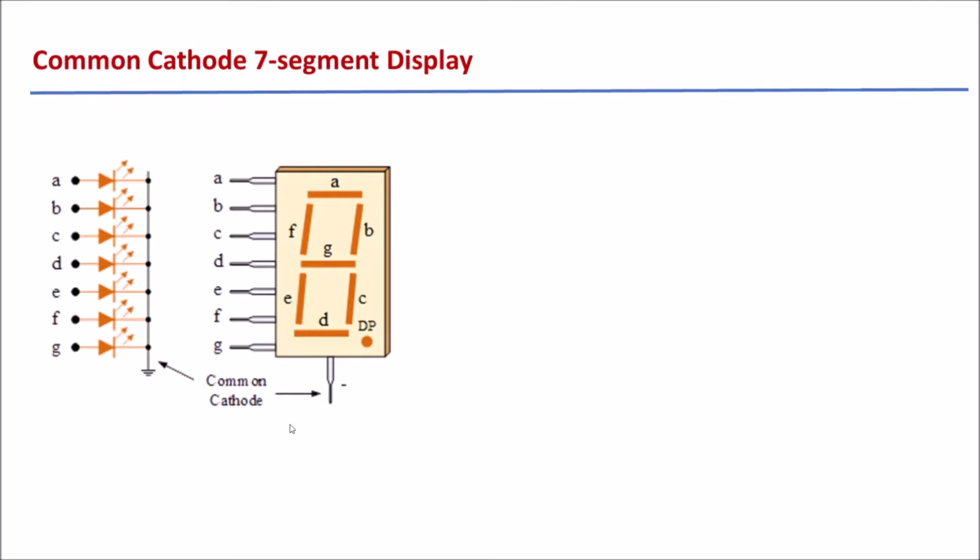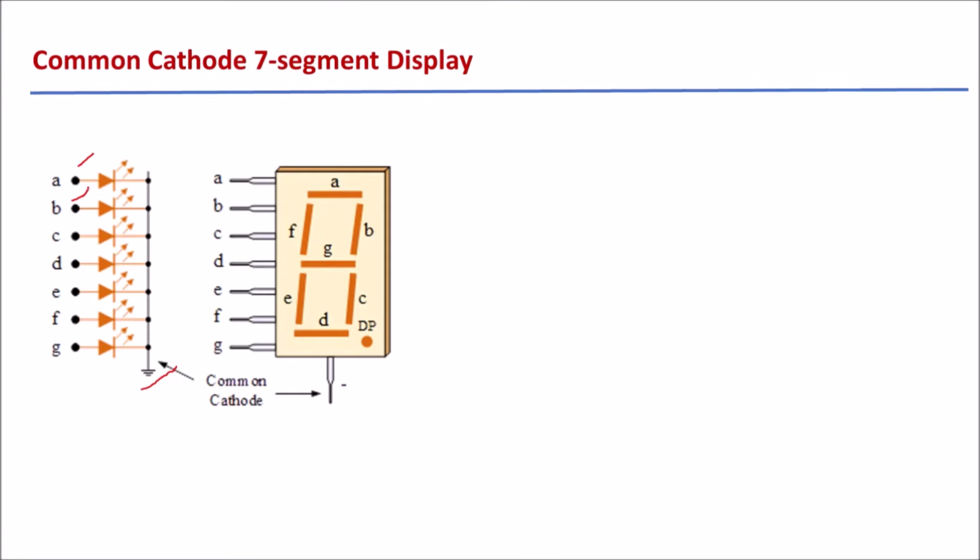Now there are two types of 7-segment display. The first type is common cathode display. In common cathode display, all the cathode terminals of these segments, each segment being treated as one LED, are connected to a common terminal, that is ground, and the anodes of the LEDs are available to apply input.